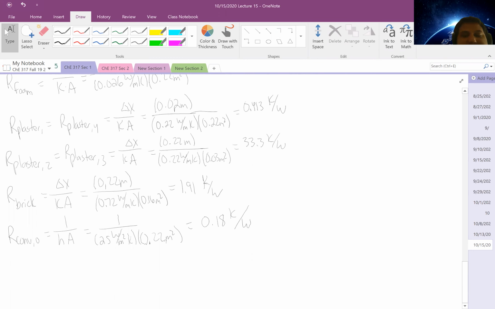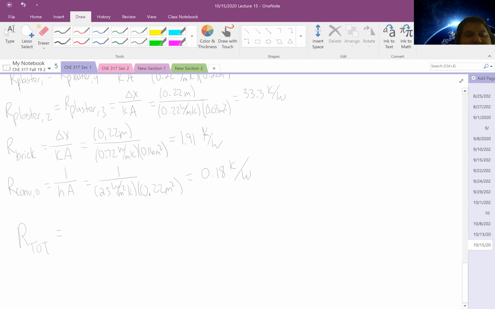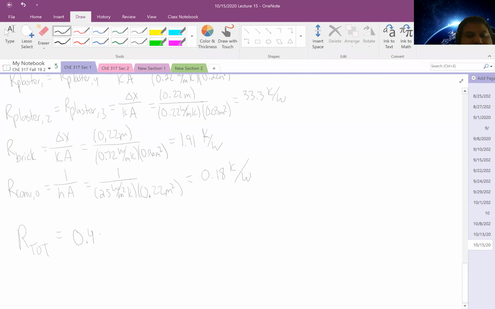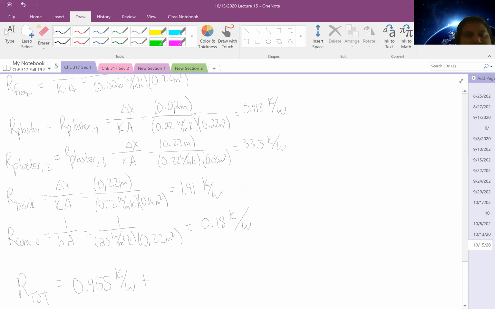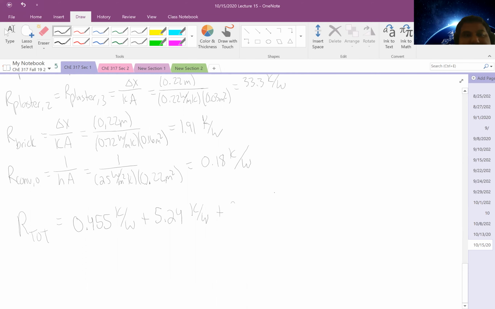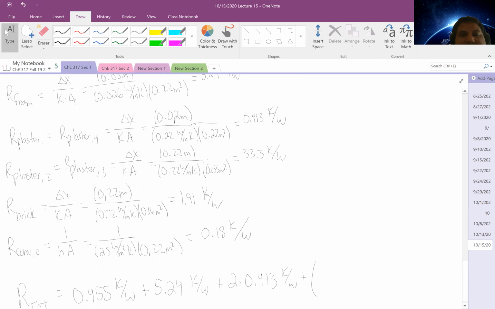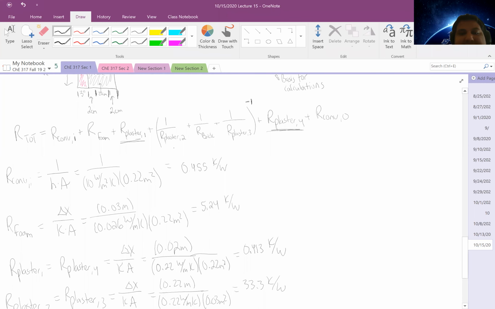And so plugging all this in, I can say my R total is equal to my convective layer on the outside, or 0.455 kelvins per watt, plus my foam, 5.24 kelvins per watt, plus my 2 plaster layers, 2 times 0.413 kelvins per watt, plus looking at now my areas in parallel, I have plaster layer 2, plaster layer 3 and the brick.